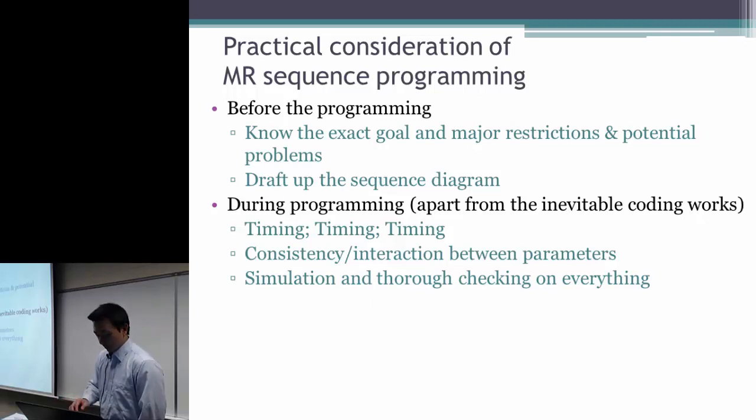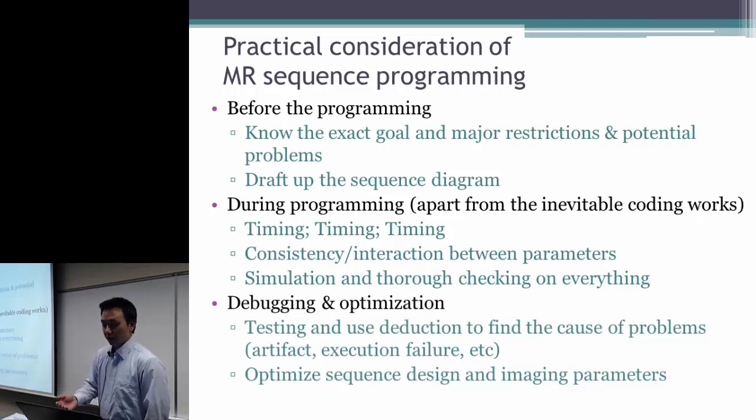There are usually simulation tools you can use to check everything and make sure it works as expected. Actually, the programming may not be the most difficult and time-consuming part. Debugging and optimization are the most time-consuming and demanding parts of MR sequence programming. You need to do multiple testing and retesting, and use deduction to find the causes of different problems.